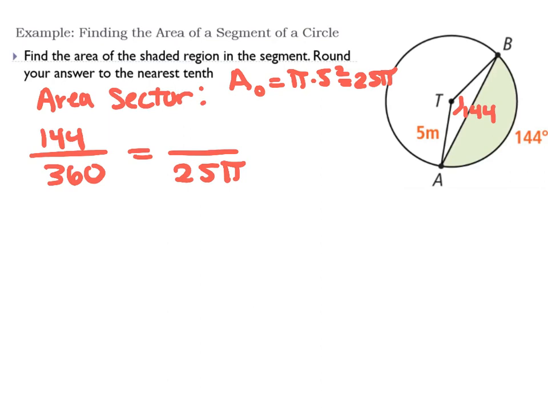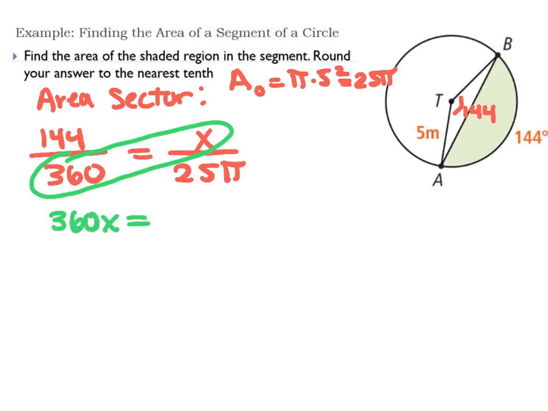Now if we solve, you'd have to cross multiply. So multiply 360 times x, and the 144 times the 25 pi.